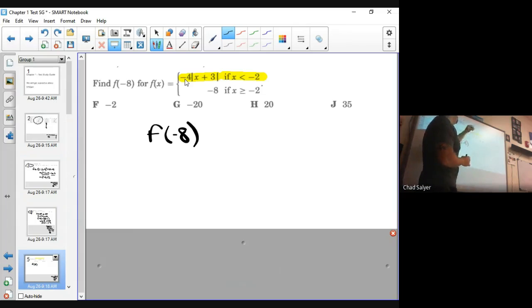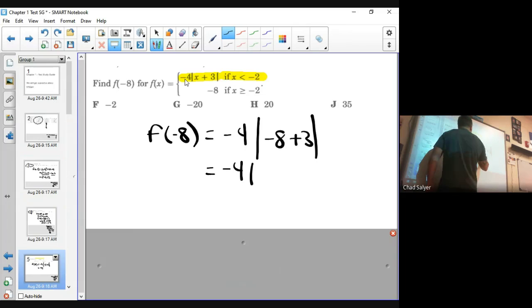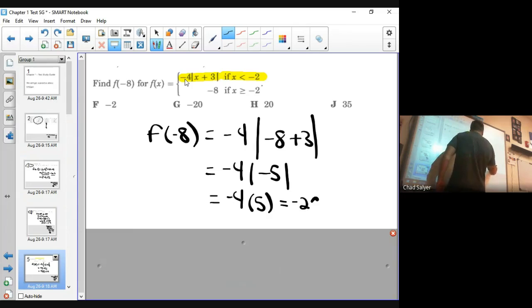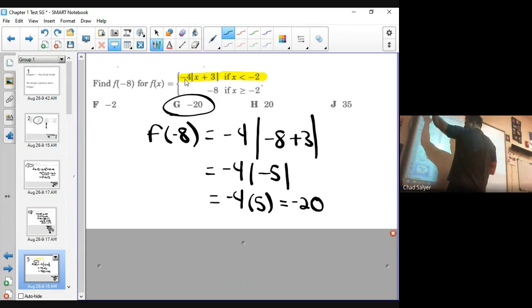So we got to use this. In other words, it's going to be -4 times the absolute value of -8 plus 3. So -4 times the absolute value of -5, -4 times +5, or -20. G is in golf.